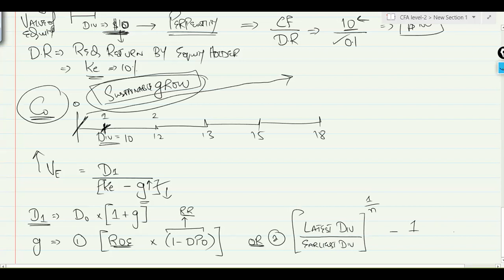If you're not given such data, then you can use this formula. Very simple. Latest dividend that has been paid divided by the earliest dividend is to the power of 1 upon the number of years between them, minus 1.